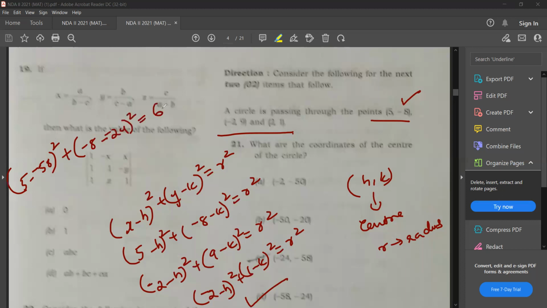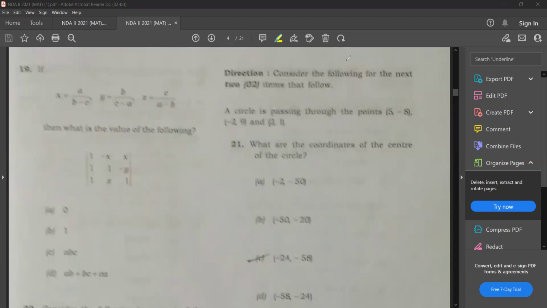You'll get 65 square, so r is equal to 65. So you have got the center as minus 58 comma minus 24. This first question was regarding the center.